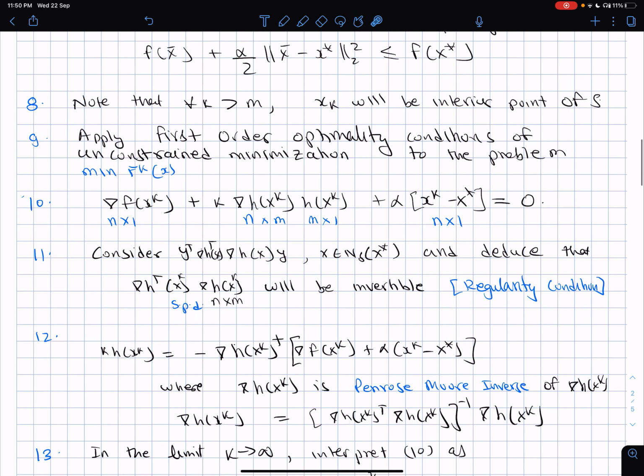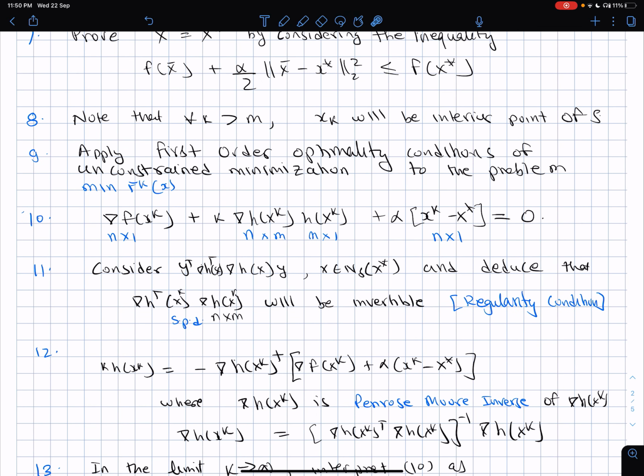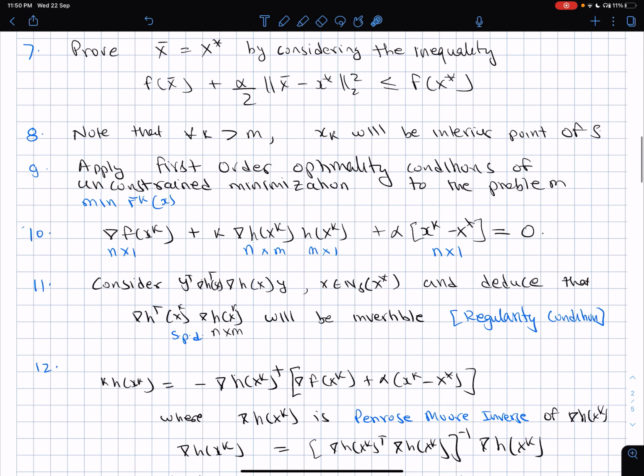So what is going to lambda star? This vector k times h of x of k in the limit k tending to infinity is going to lambda star. So I'll just bring this k here and write this going to lambda star.